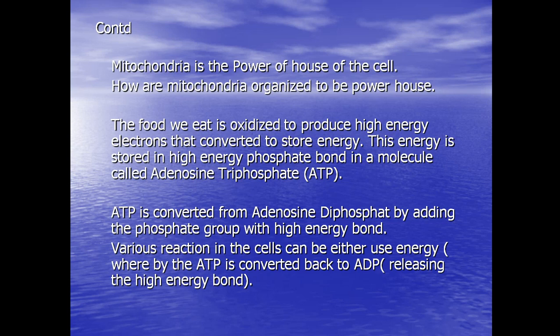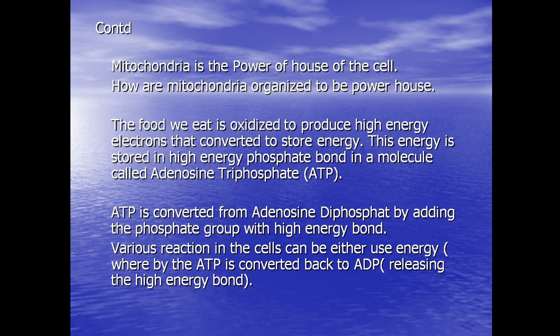Various reactions in the cell use the energy stored in this high energy phosphate bond and convert ATP into ADP. And ADP becomes energy rich by taking one more phosphate group, and then it becomes ATP.